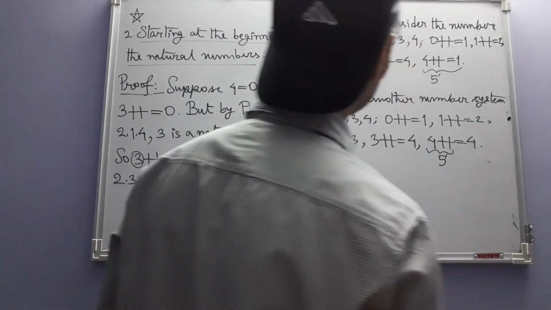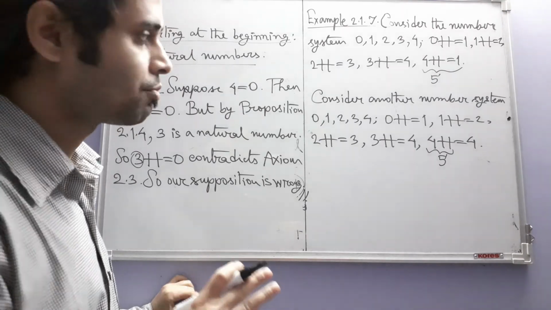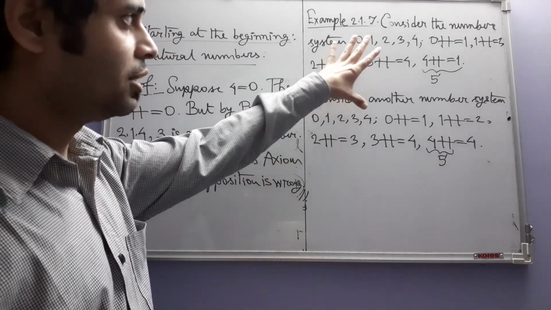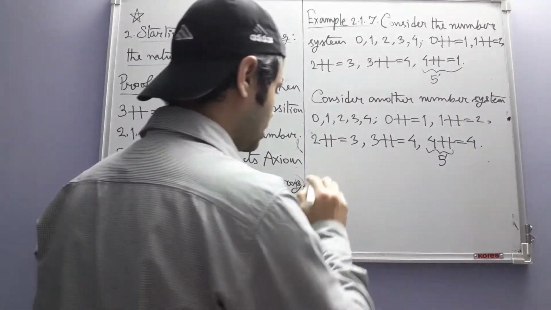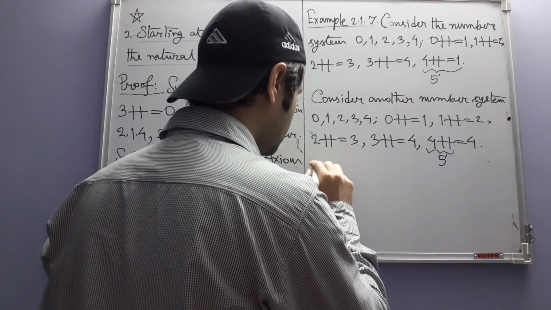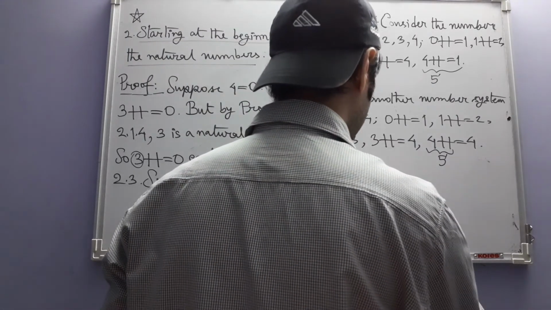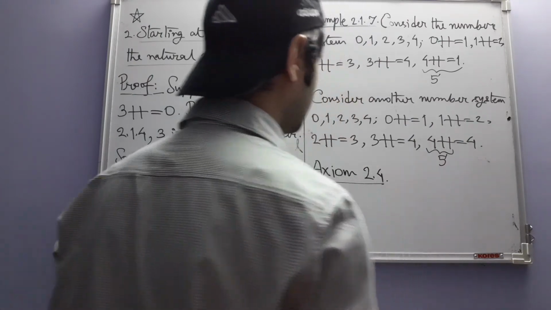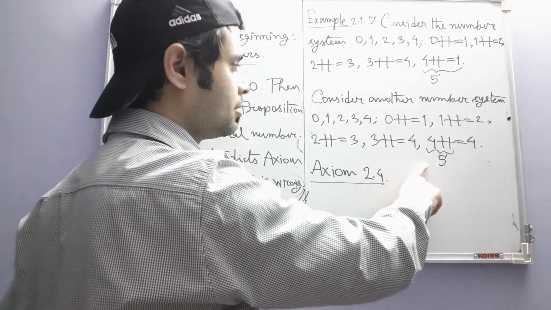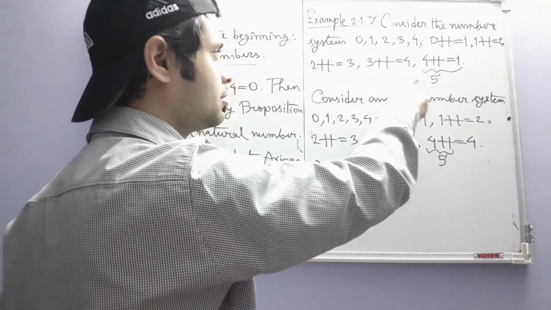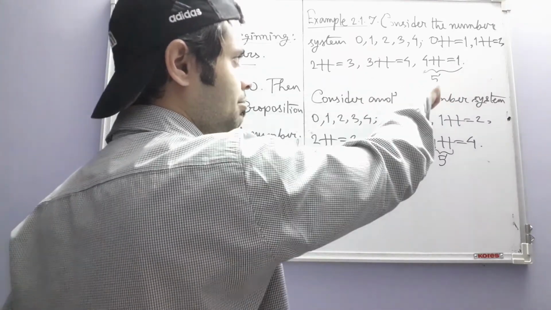Now there are many ways of tackling this sort of problem, or preventing this sort of example from appearing. But one of the simplest is another axiom we will need. This is axiom 2.4. Because you see, here the problem is not 0 becoming the successor of something, or 1 becoming the successor of something.